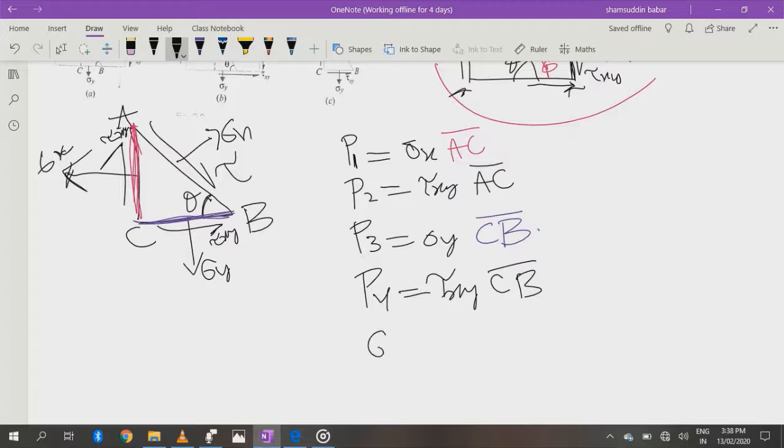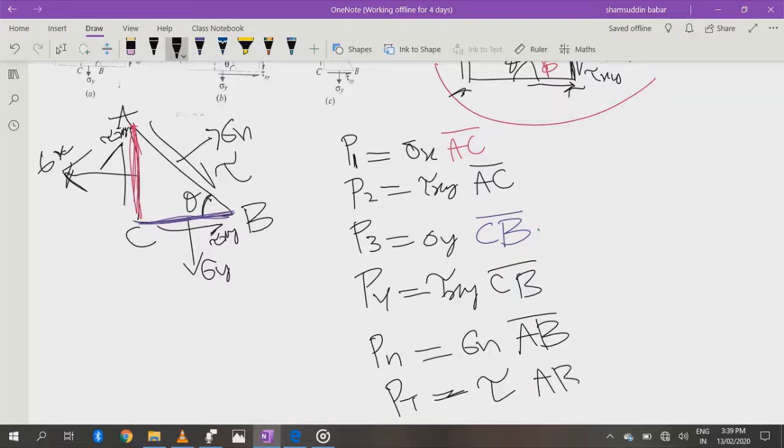Before that I also need to convert stress N: force PN is equal to stress N into AB, and shear force will be equal to tau into AB.